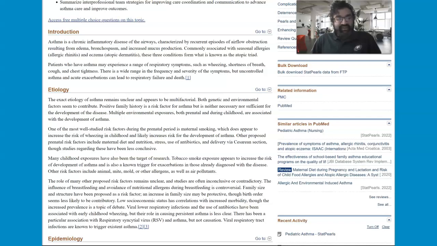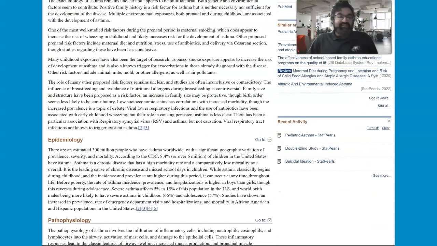Tobacco smoke exposure is detrimental to the developing fetus and even during childhood. The role of many other proposed risk factors remains unclear. I know RSV is associated with asthma, but not causation, so it might be a trigger.